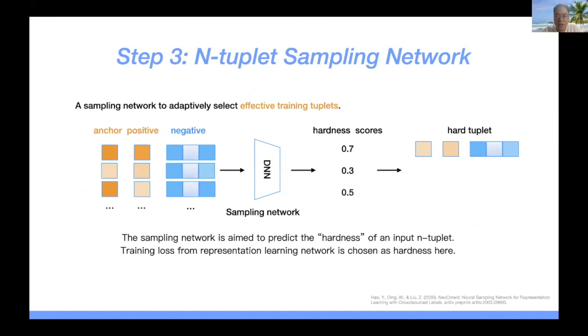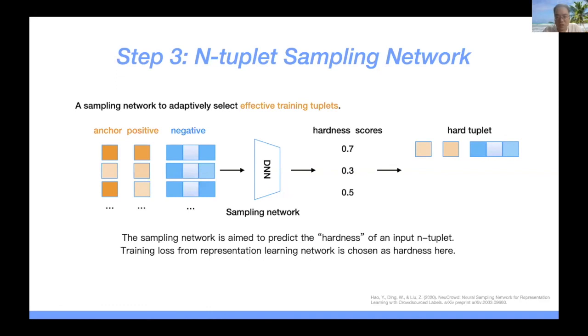The final step of this framework is the sampling network. Different from the hard example mining strategy I introduced before, we introduce a sampling network to help us select the hard examples. We define hardness as follows: for any group, if its contribution to the loss function is large, we think this is a hard group.